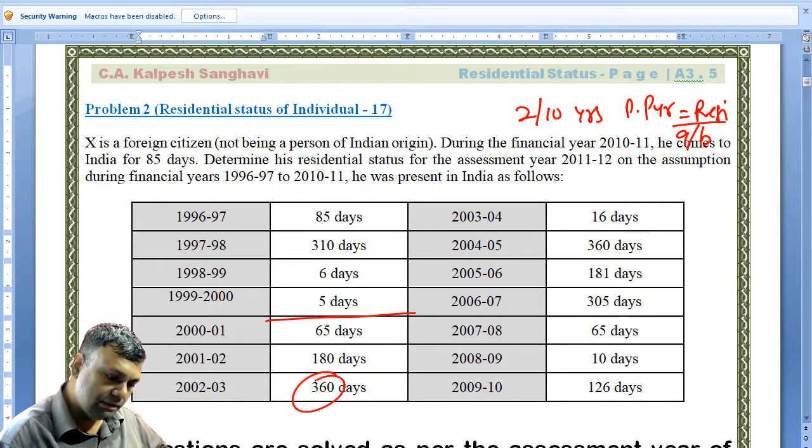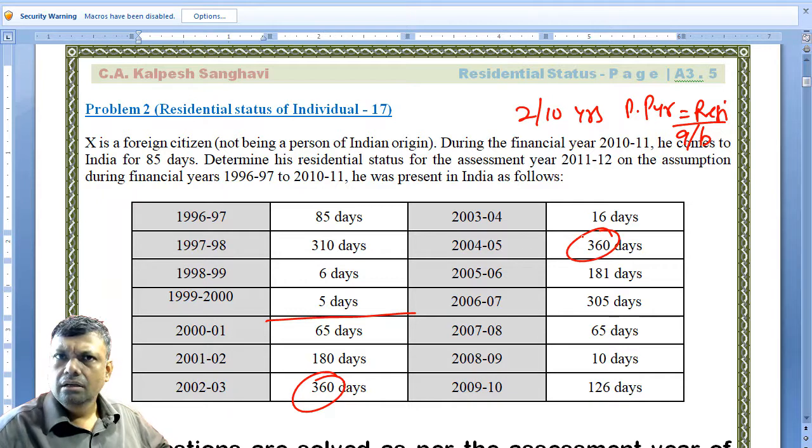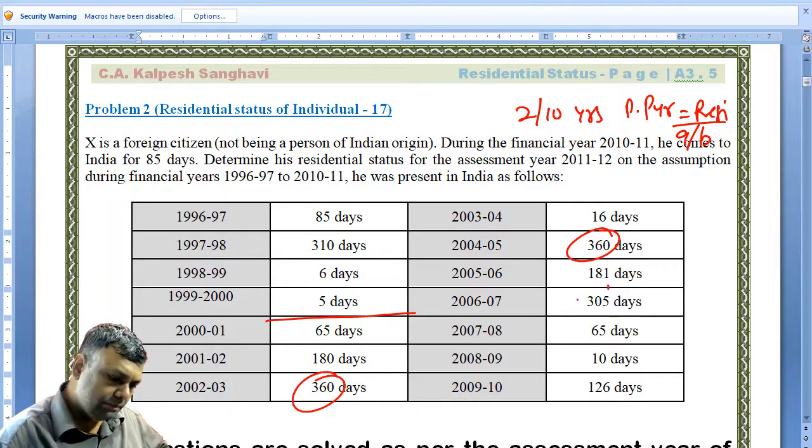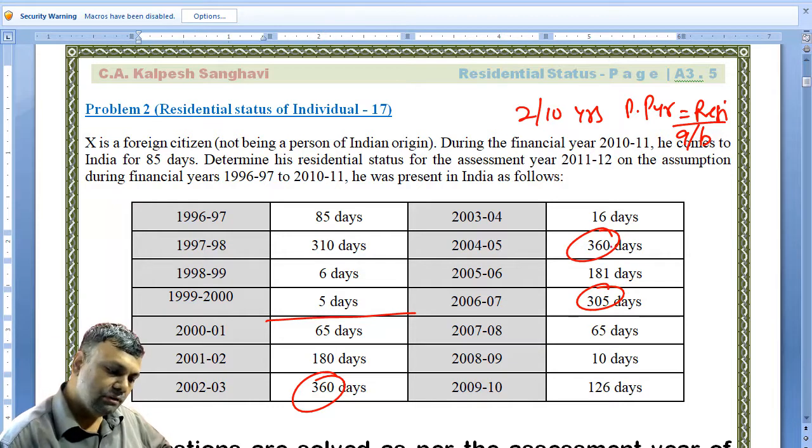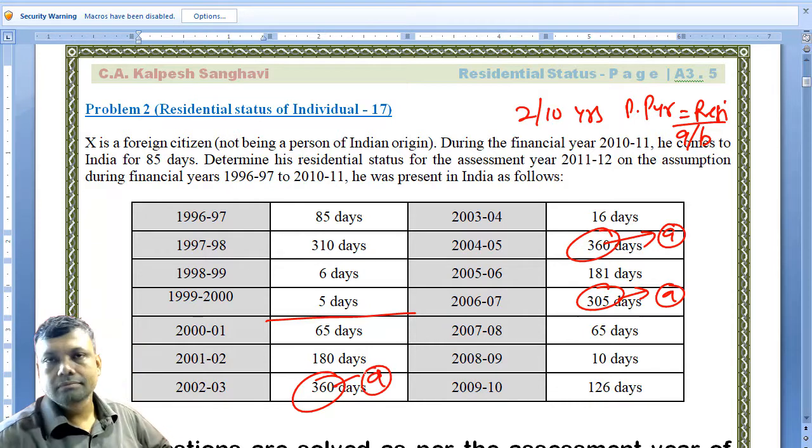Okay, so I'll immediately catch up these numbers which are more than or equal to 182 days. Moment I catch up, friends, this more than 182 number of days test. So for this year A is satisfied, this year A is satisfied, this year A is already satisfied. 3 years I have already got.